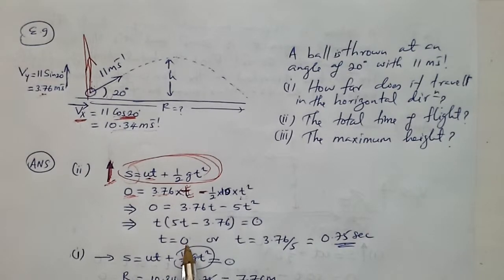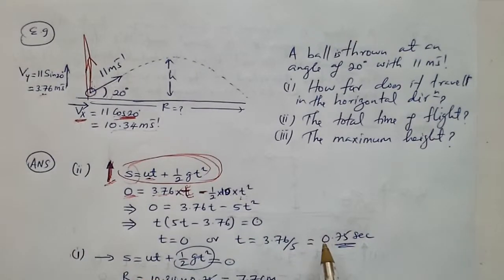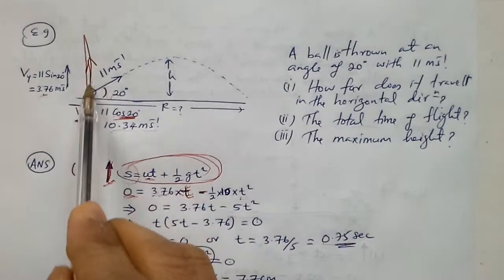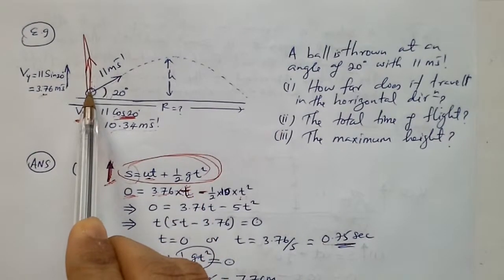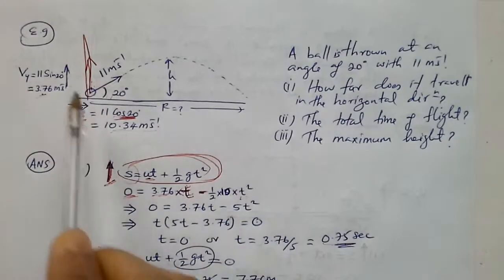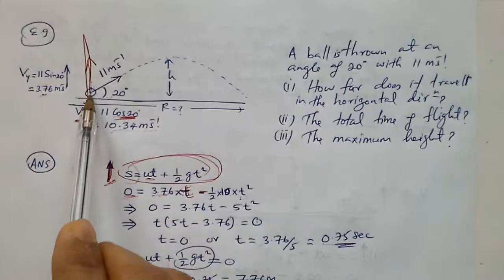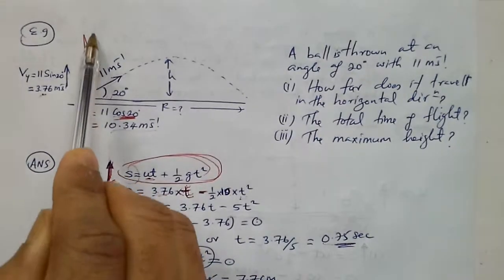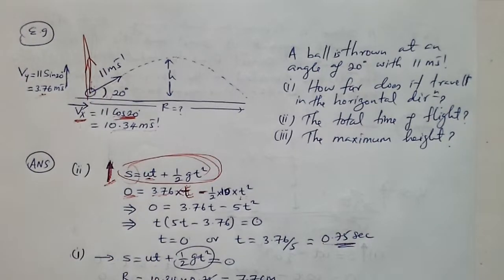Coming back to the same point means the displacement becomes 0.